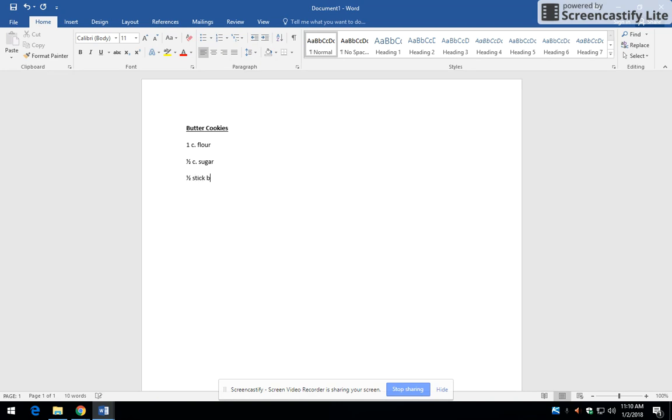Not butter, but whatever, they're butter cookies, so fine. And maybe a 1/4 teaspoon of salt. And forget the instructions. We'll just say the yield, how much it makes, is, what do you want to say, 10? 12, 10 cookies. Let's make it 12 cookies.